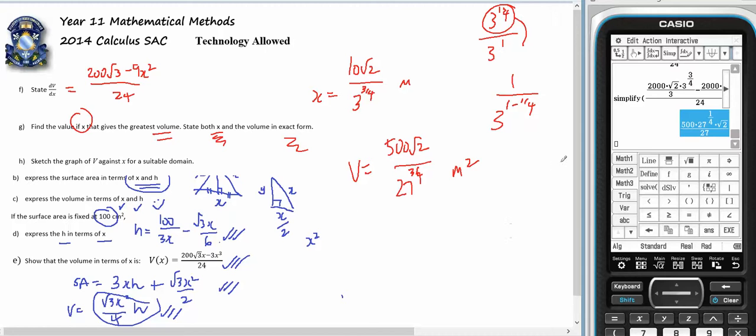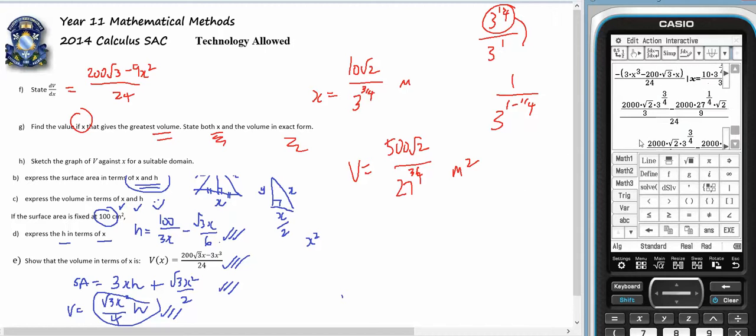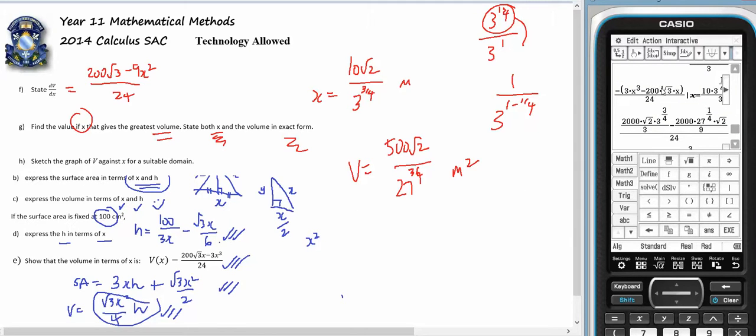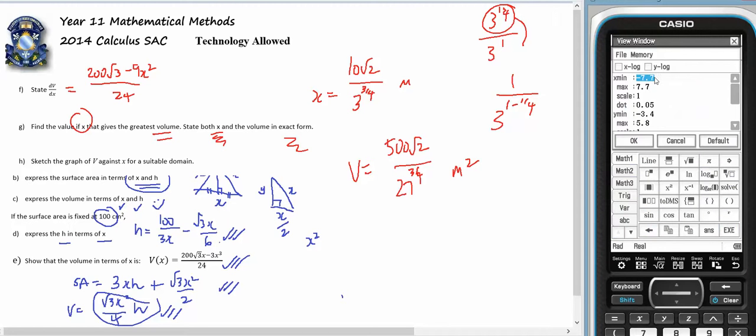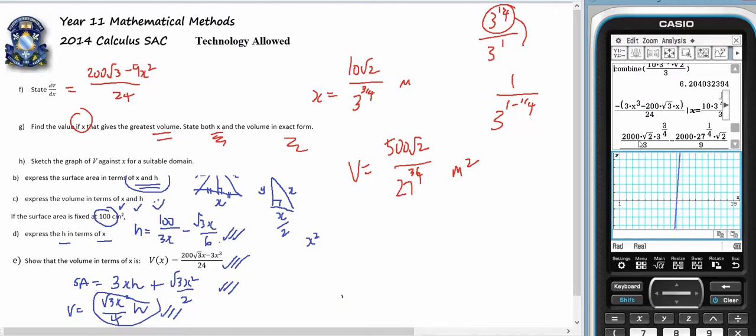And if I need to graph, I'll get my calculator to assist me in graphing. This is my volume expression. So open up a new window, drag and drop. I know this x value is roughly 6. So I'm going to go to my window and go from 0 to 20, and I'll see what I get.